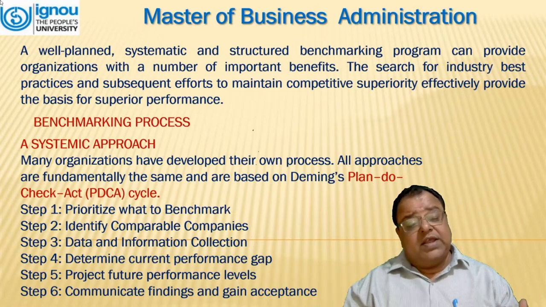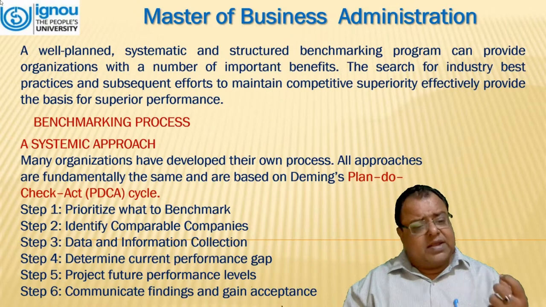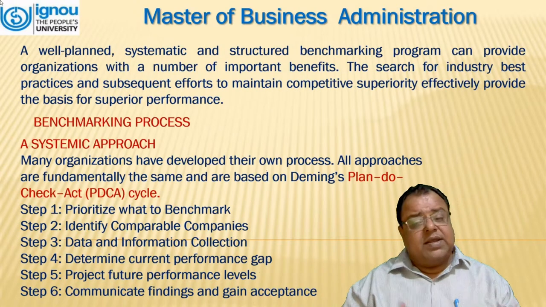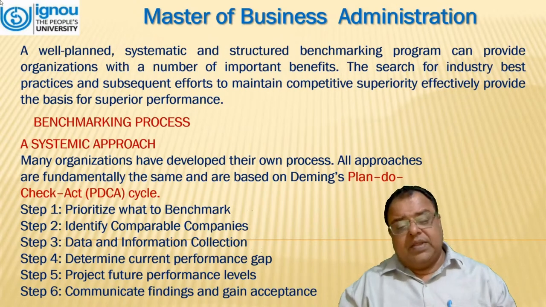Now, we'll see what this benchmarking process actually is. A systematic approach. Many organizations have developed their own processes. All approaches are fundamentally the same and are based on Deming's plan, do, check and act cycle, what we call PDCA.